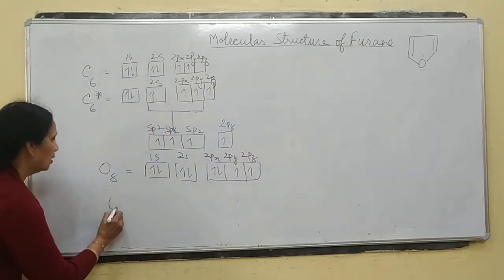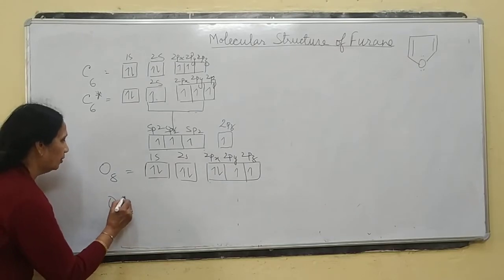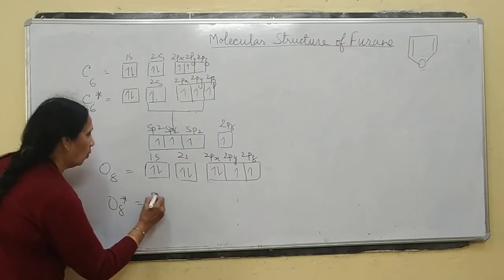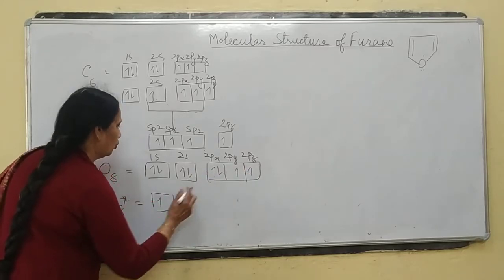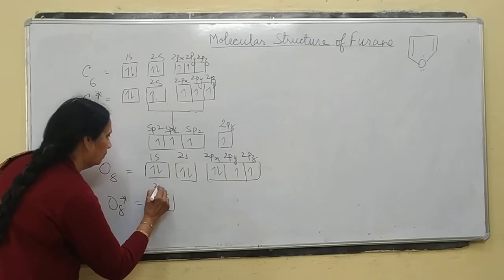When it goes into the hybridization state, 1 electron from here migrates to the 2pz orbital.